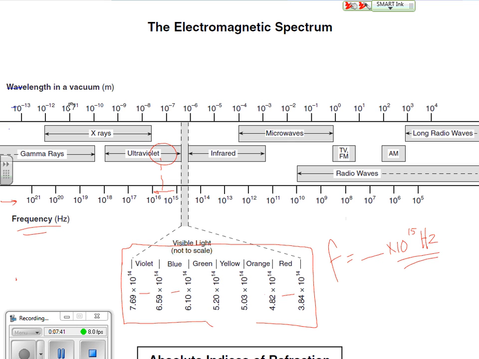Now, the other thing about the electromagnetic spectrum is that these are all just different varieties of that. Light is part of the electromagnetic spectrum. All these different kinds of waves are electromagnetic waves.